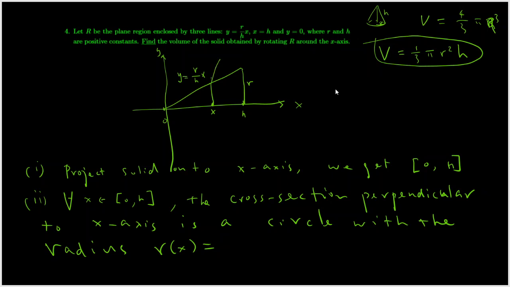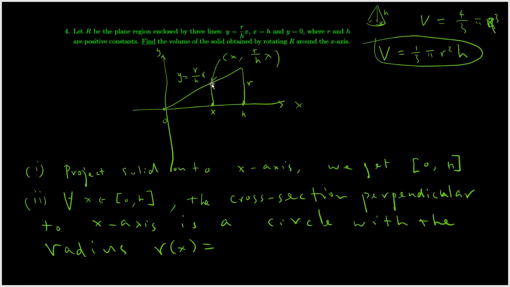Again, this point has x coordinate of x. What is the y coordinate? The point is on the line. You know the equation of the line. The y coordinate is r over h and then times x, right? Now look at this point. Does it make sense?